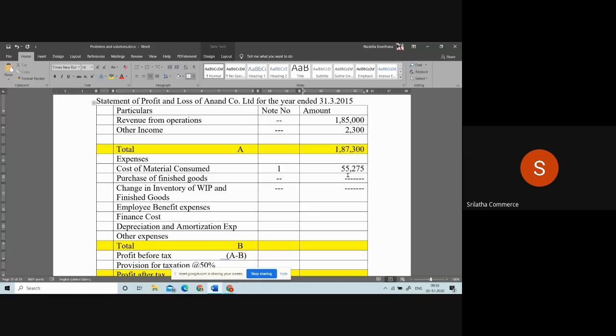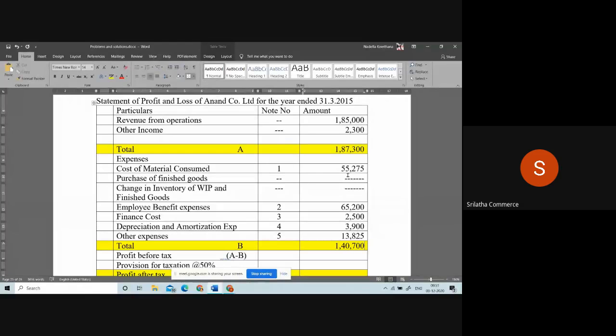Then employee benefit expenses, tell me the amount. 65,200. Finance cost, 2,500. Depreciation and amortization, 3,900. Other expenses, 13,825. Total, 1,40,700.